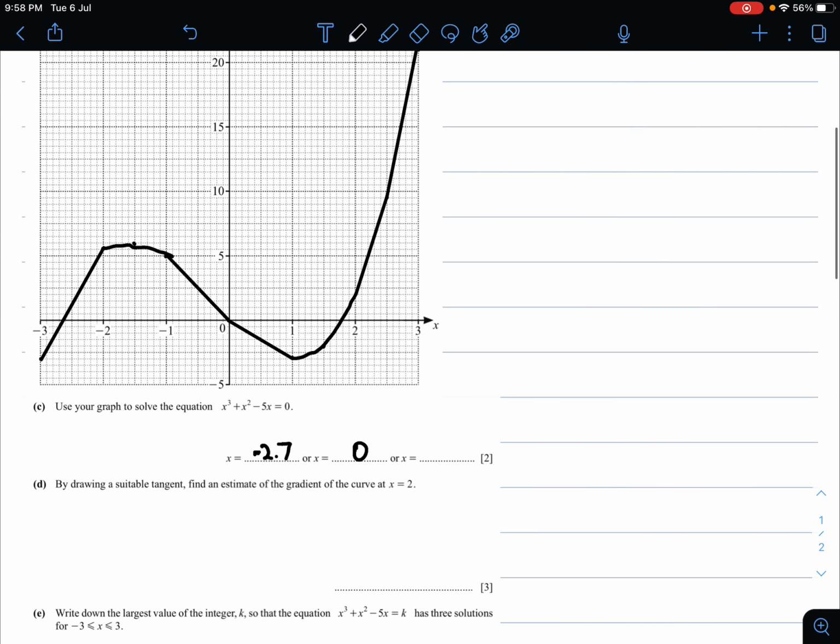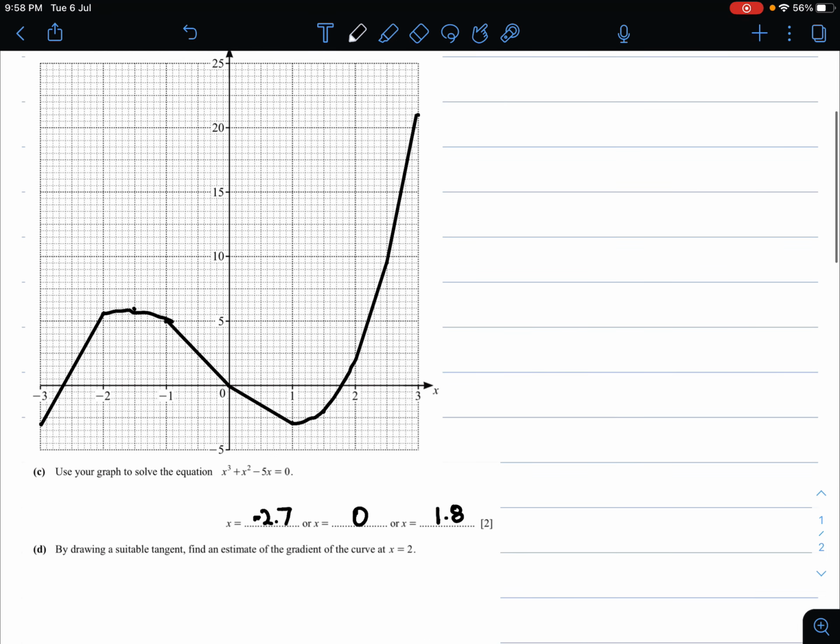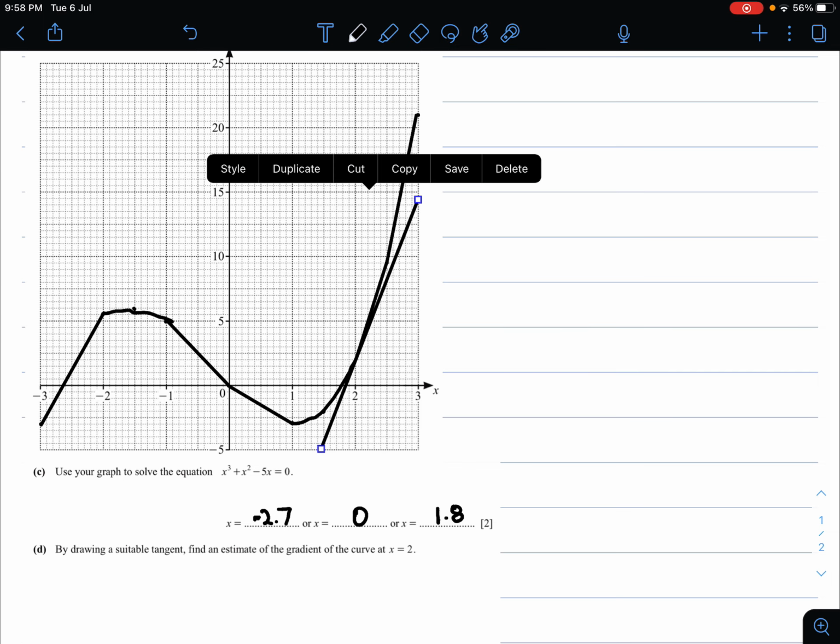Yeah, so the x-intercept would be 1.8 over here. Now we have to draw the tangent at x equals 2, so right here. Make sure to use a ruler so that you get an accurate answer.